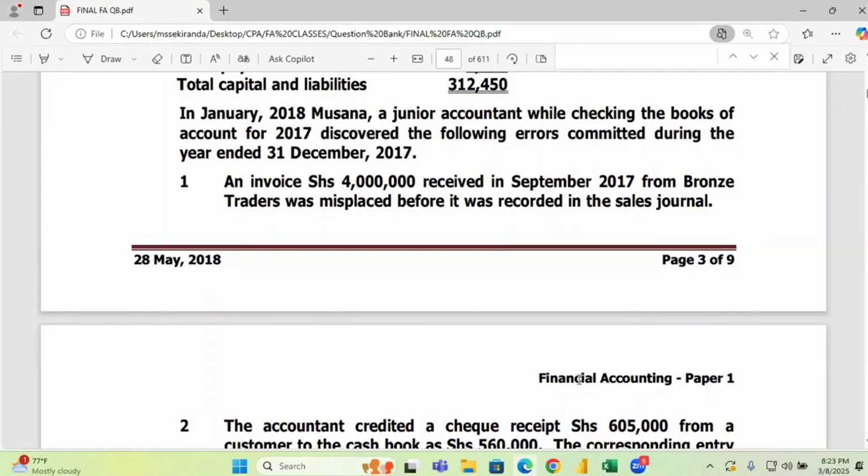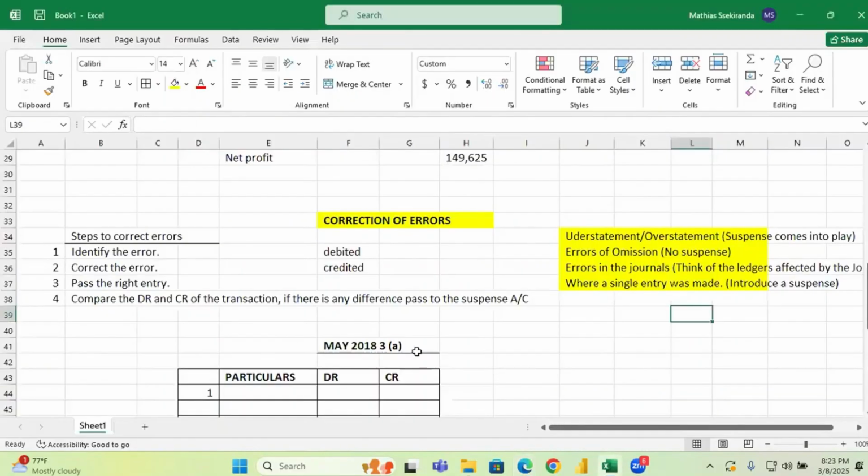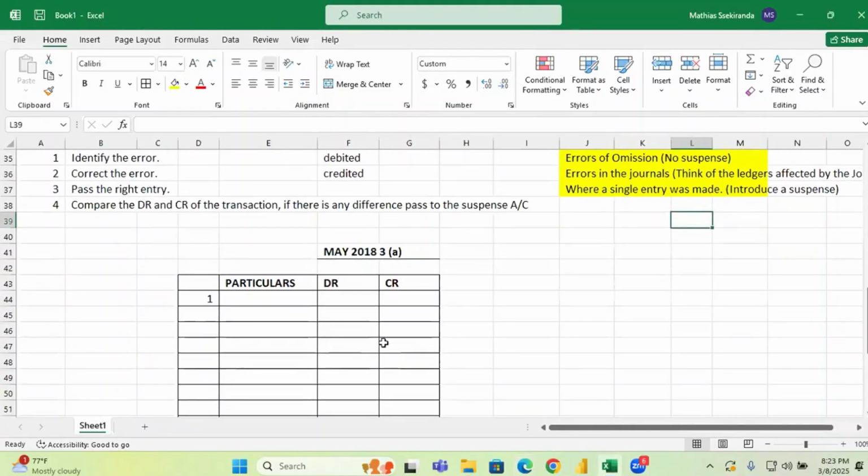Okay? Therefore, since the sales ledger is understated by 4 million and the receivables ledger is also understated by 4 million, so can we correct those errors now?